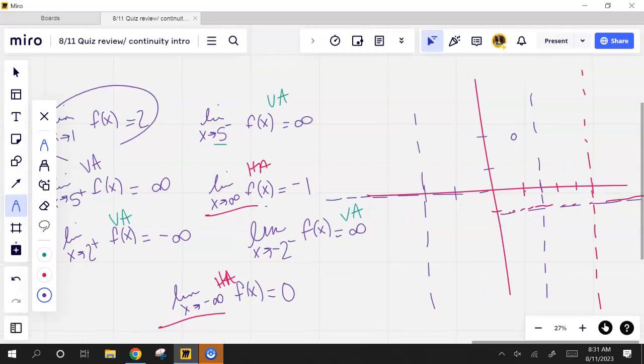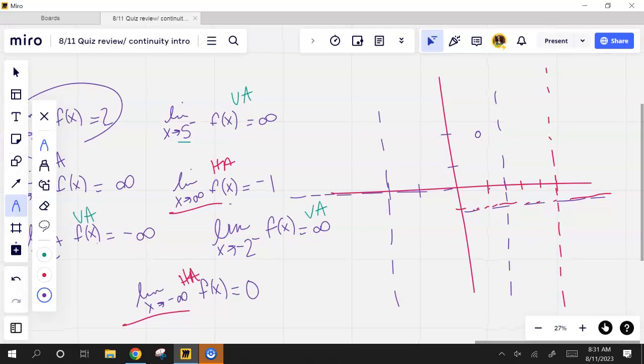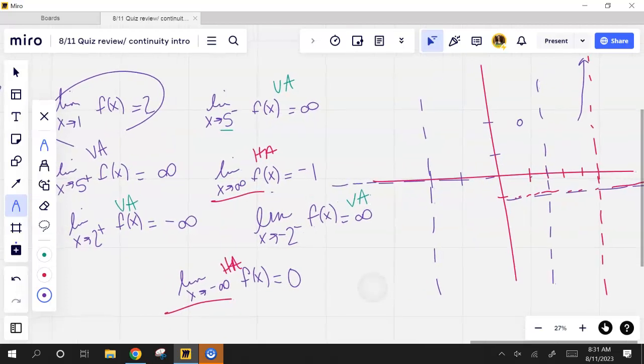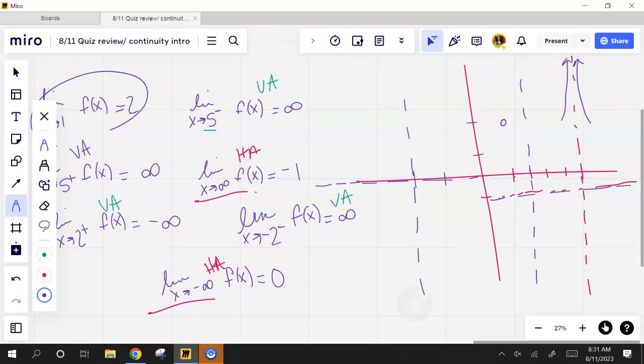See what happens. All right, so as I approach 5 from the left, it's going up. I don't know what, but it's going up. 5 from the right is also going up. I'll worry about these other ends in just a second.